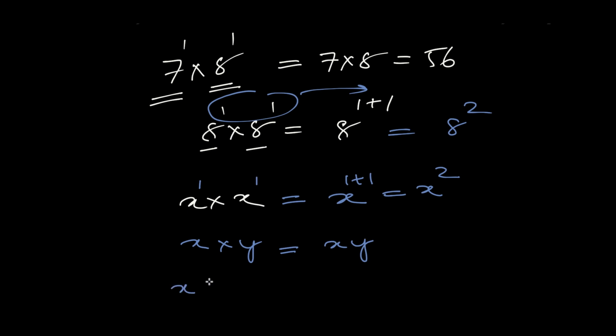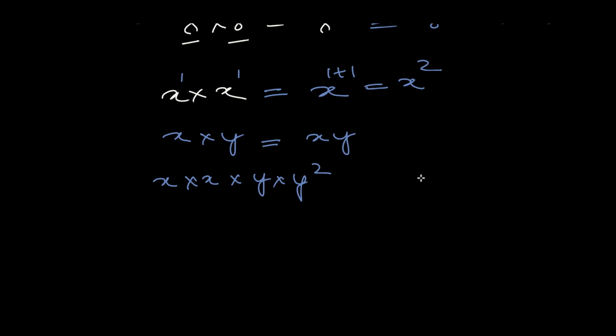Now let's say x into x into y square. Just to understand better, we are going to create one scenario. What is the power of x? It is 1. Here it is 1. Here it is 1. Here it is 2. Now can we add the power of x? Yes, we can add these two in multiplication by adding the power. Here it is also y, here it is also y.